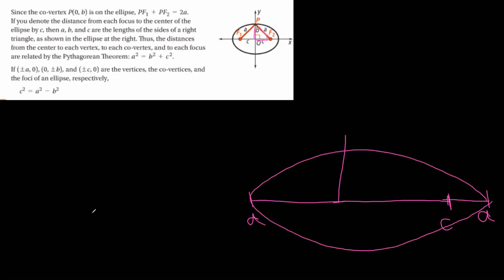Here is A, here is C, here is also C, here is B. Now, he told me now, from here to here, the distance, we name it with C. And to B, we name it with B. And he told me that the distance from a point on the y-axis to the focus is A. Okay, I want now, using A and B, to find C.